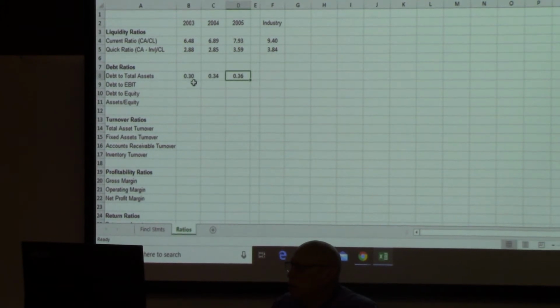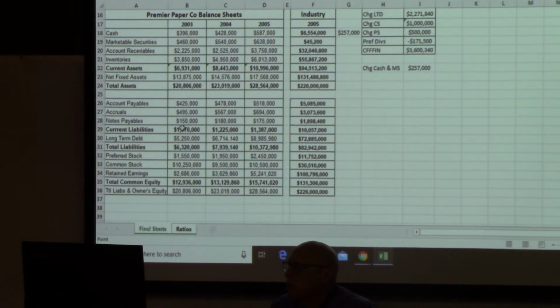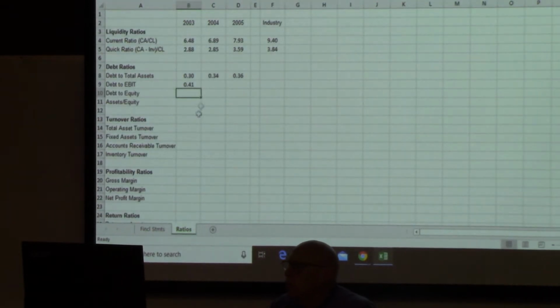Well, debt to equity. And that's going to be long-term debt divided by common equity. I'm sorry, that was debt to EBIT. Let's go ahead and pull that down. Debt to EBIT.